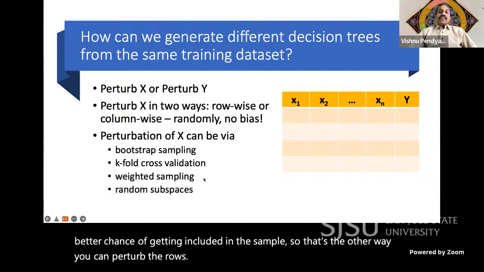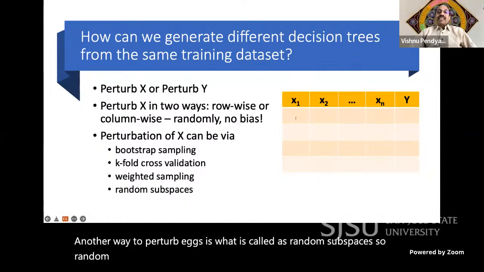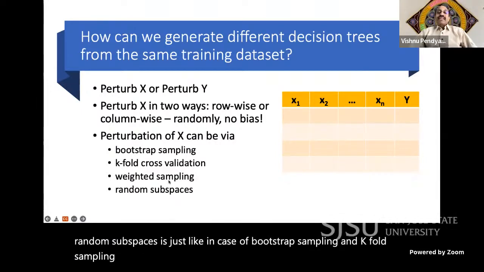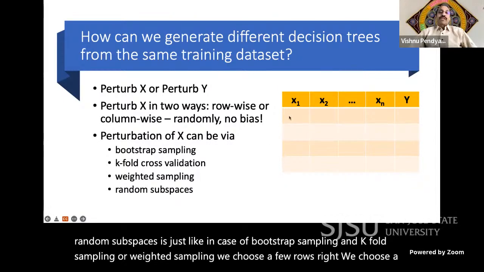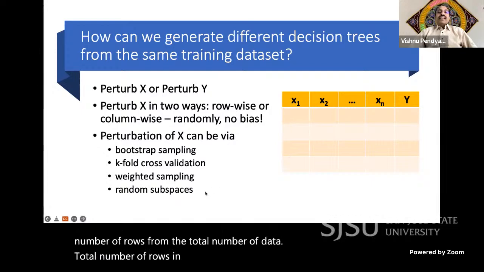Another way to perturb X is what is called random subspaces. Random subspaces perturbs the data set column-wise. Just like in bootstrap sampling, k-fold sampling or weighted sampling, where we choose a number of rows from the total number of rows in the data set, in random subspaces, instead of rows, we choose columns.